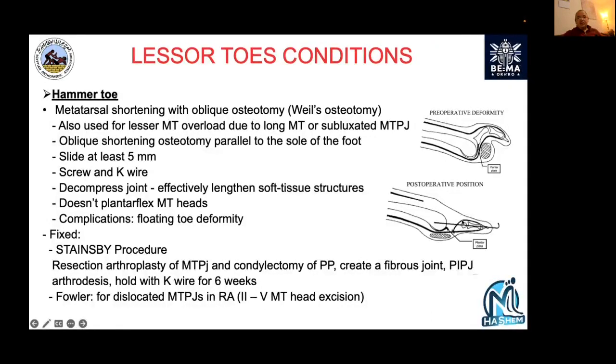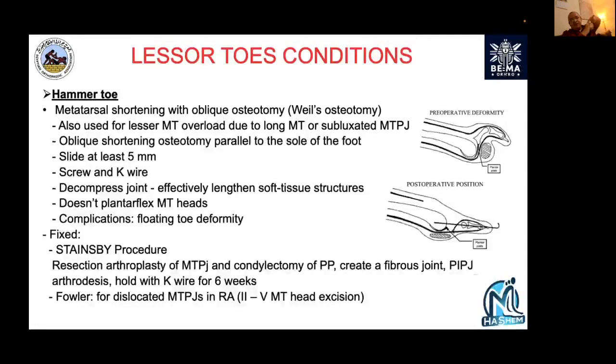That's why the tenotomized extensor tendon is reattached to the flexor. So when the flexor goes into action after you release your wire, it will be extending and flexing with the same power, so that the toe will be balanced. You cut the proximal phalanx, you get the extensor tendon tenotomized.